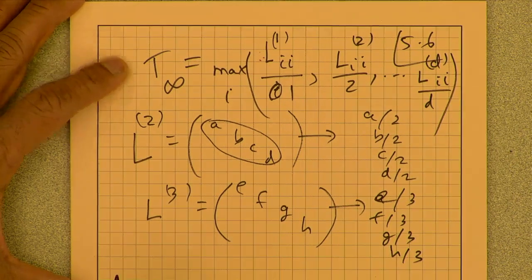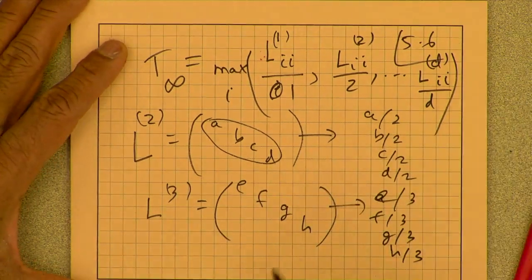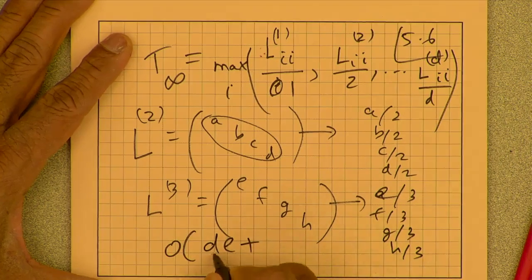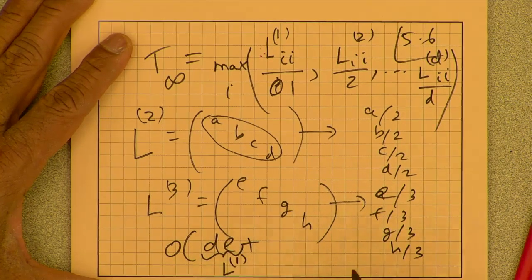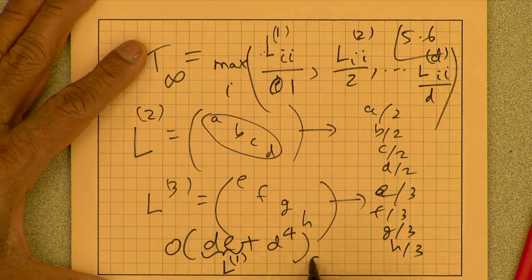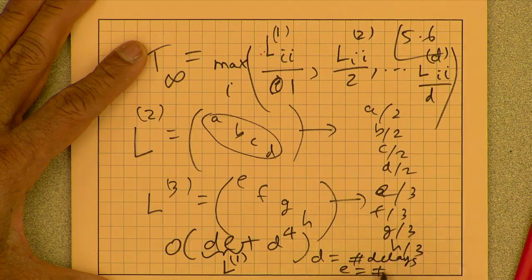I will stop here. We will talk more about why the time complexity of this will be order of dE. If there are d delays and E edges, I can compute L1 in that time complexity plus d fourth, where d is the number of delays and E is the number of edges, and this d fourth is the time to compute L2 through LD.